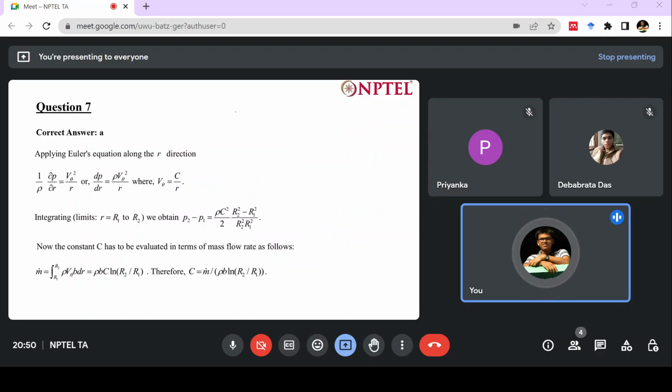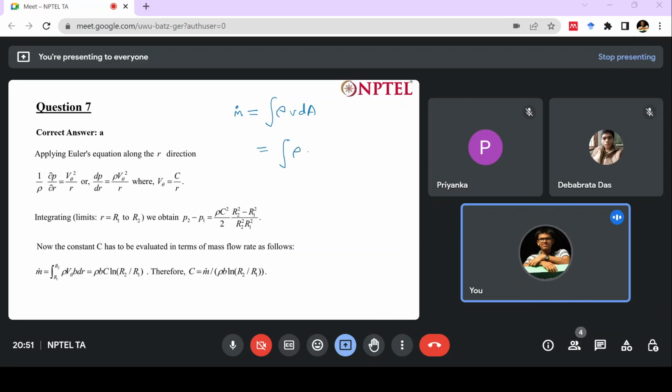To find the mass flow rate, what is generally required? Rho into V into dA. Correct. Here V will be V theta, because whatever cross section you are taking, the normal velocity needs to be used.